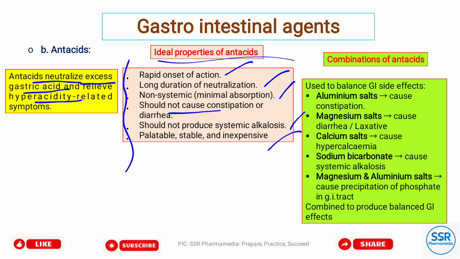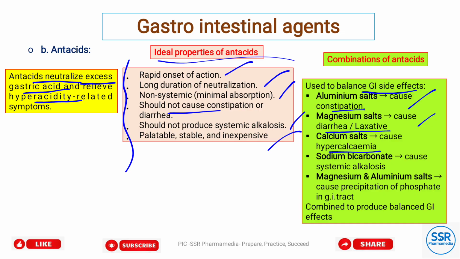This is very important. They may ask for 2 marks and 5 marks, even MCQs. Ideal properties of antacids and combinations of antacids are also very important. Combinations are used to balance the gastrointestinal side effects. Aluminum salt used alone causes constipation. Magnesium salt used alone produces diarrhea or a laxative effect.